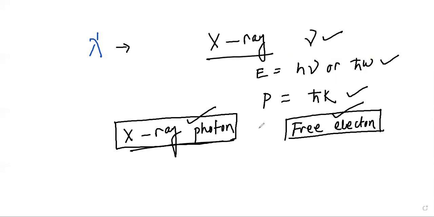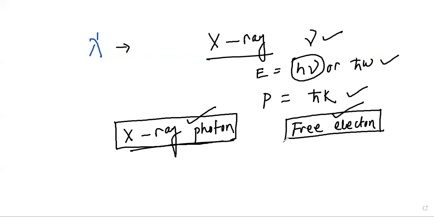If there is a photon and a free electron, and there is an elastic collision between them, then the photon will transfer some of its energy to the electron, and therefore the scattered photon has whatever energy is remaining.